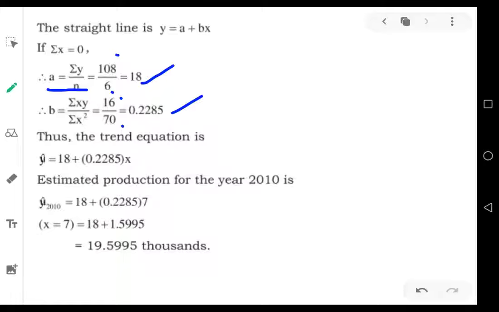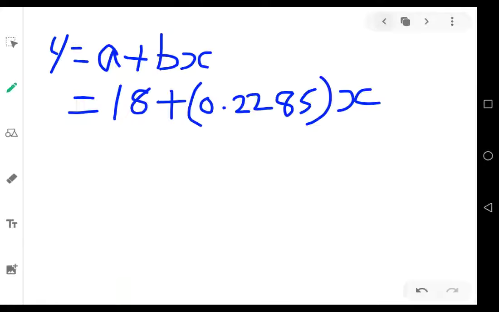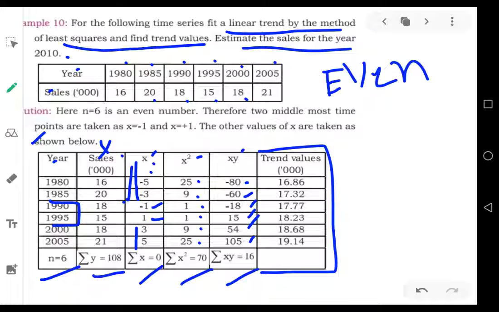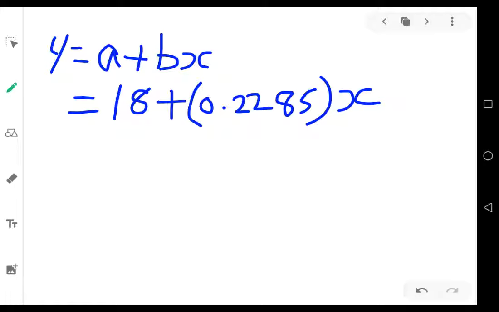You should get the b value as 0.2285. Once you get the values of a and b, we will proceed with our equation, that is y equals a plus bx. Since the a value is 18, it is 18 plus the b value 0.2285 into x. That's our equation.